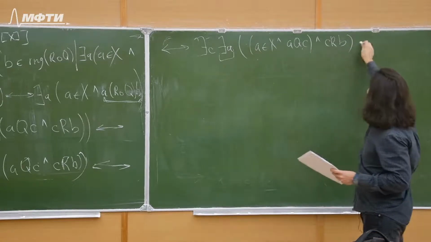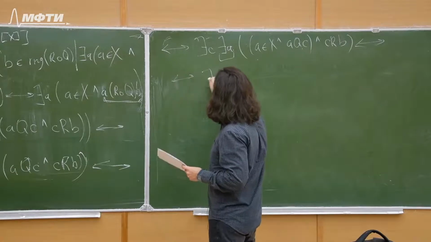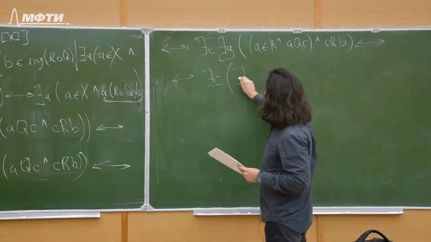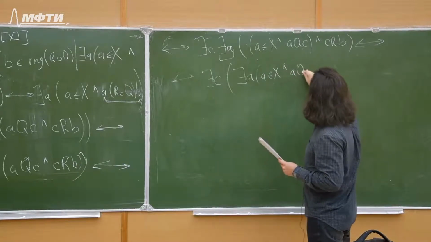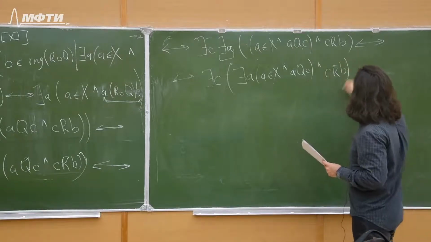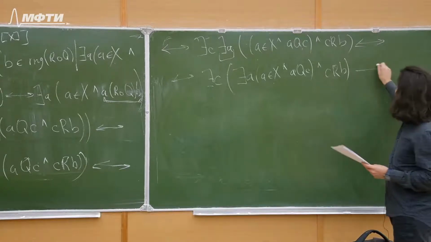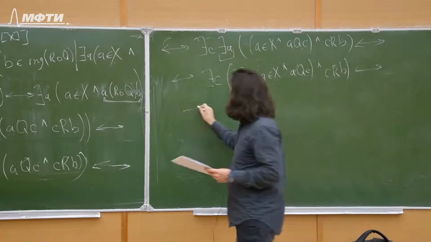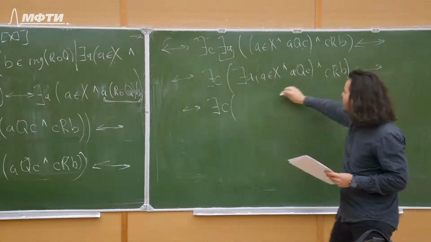So this is true if and only if there exists some C such that there exists some A and A belongs to X and A Q C, and C R B. What is the meaning of this?